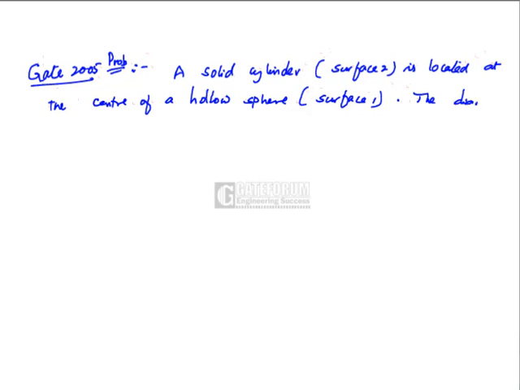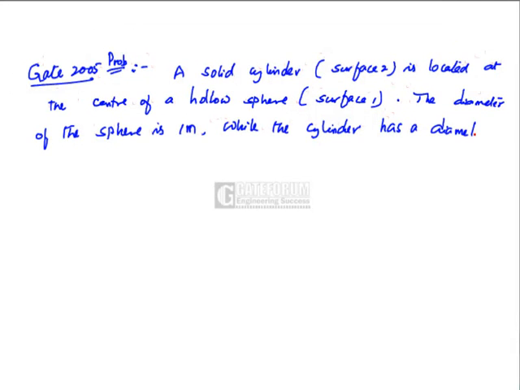The diameter of the sphere is 1 meter, while the cylinder has a diameter and a length of 0.5 meter each.